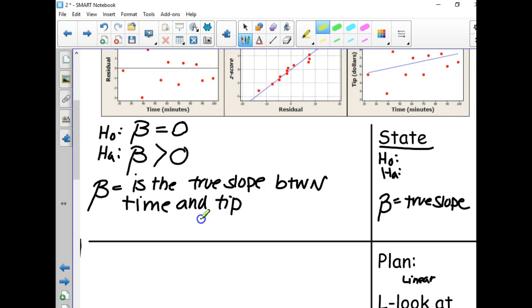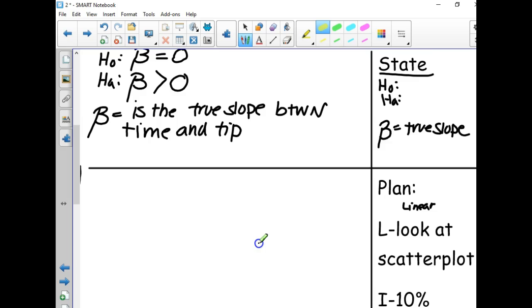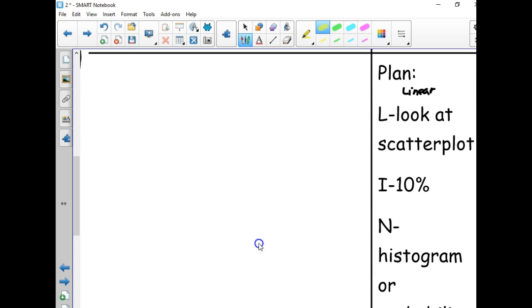Our plan is our conditions and our method. The conditions are annoying, but thankfully you will most likely be given all of this, so you just have to say see above, okay? So, linear.